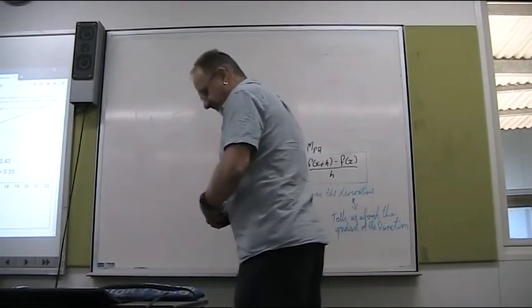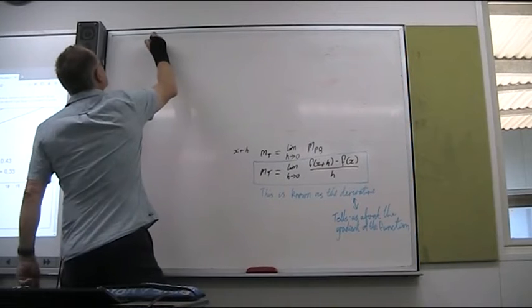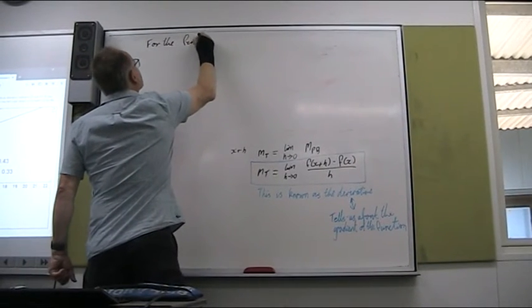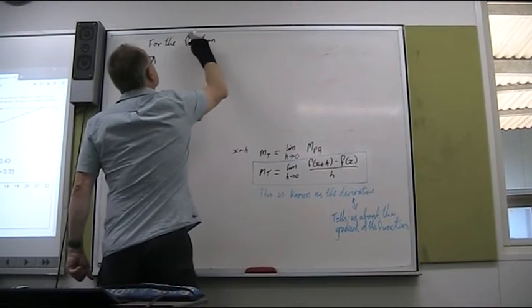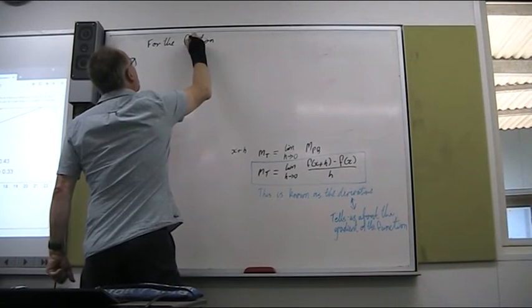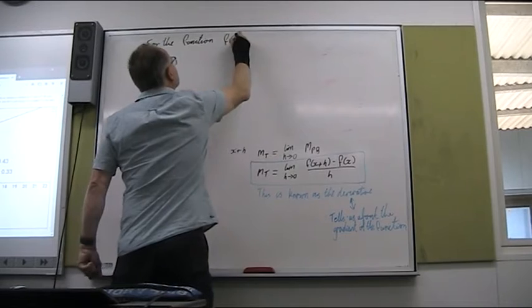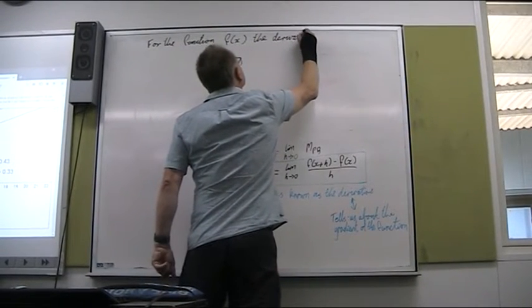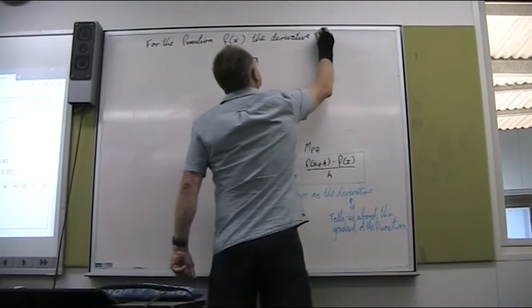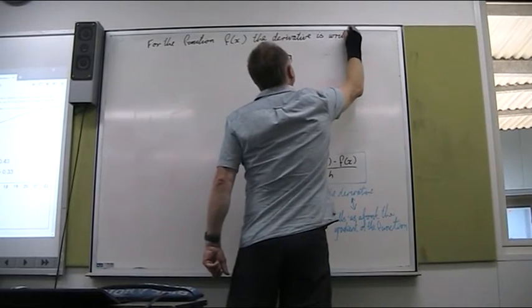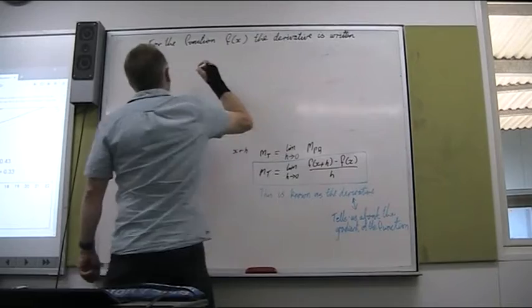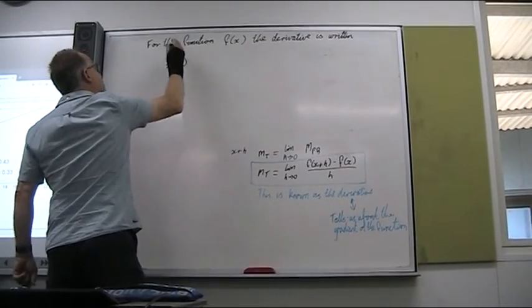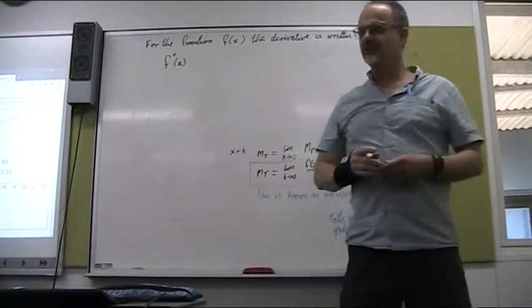So for the derivative, for the function f of x, the derivative is written f dashed x, so this little dash up here means derivative.